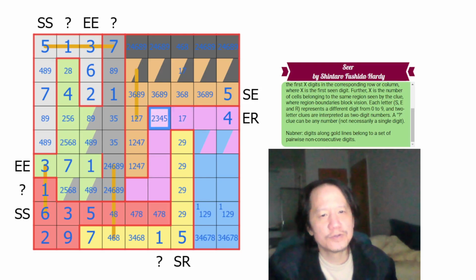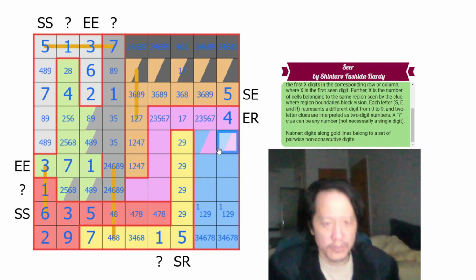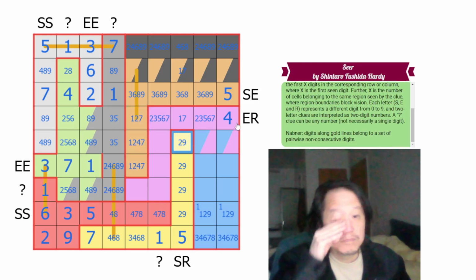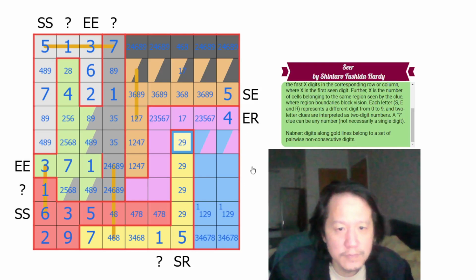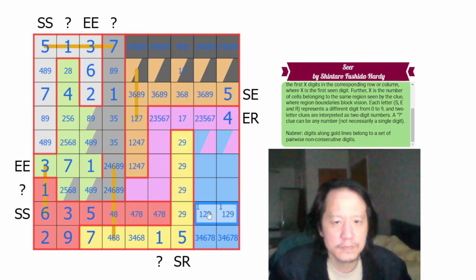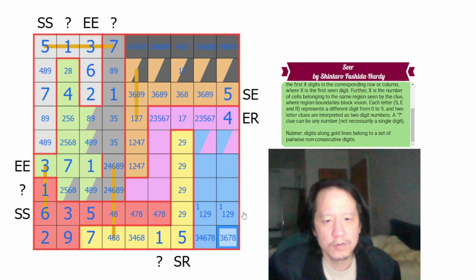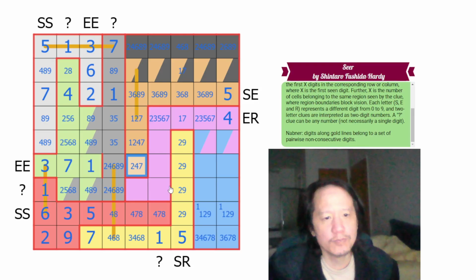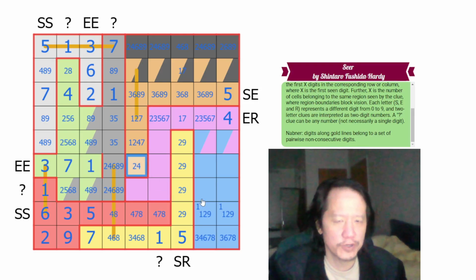This is 2 through 7, but no 4, obviously. So this can't be 4. And this can't be 4. This can't be 1 or 7. So this is 2 or 4 here.